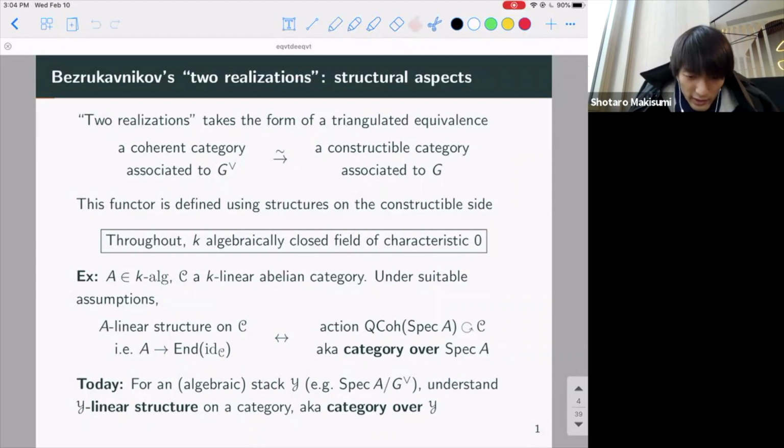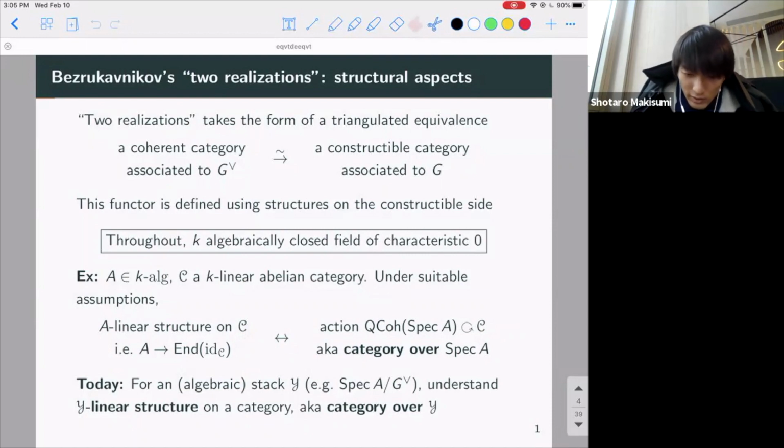So A acts functorially on every object and every Hom space in my category. In that case, it turns out, under suitable assumptions on my category, that I can actually upgrade that to the action of a monoidal category, the category of A-modules, or quasi-coherent sheaves on Spec A.